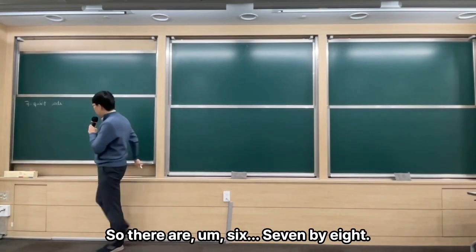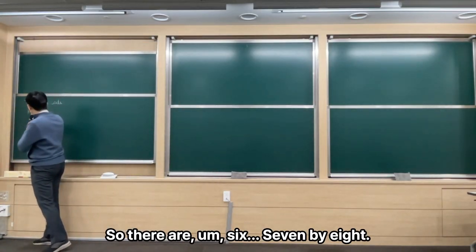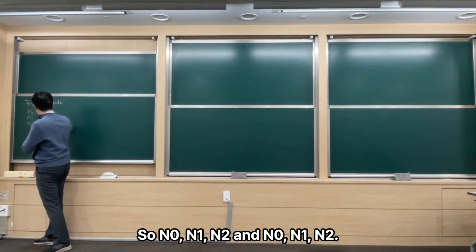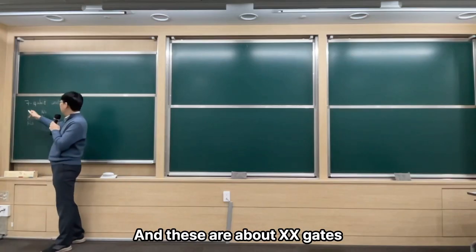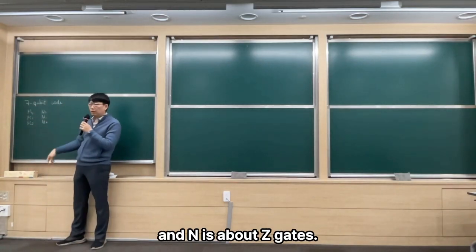So there are 6 stabilizer gates: M0, M1, M2, and N0, N1, N2. M is about X gates, and N is about Z gates.